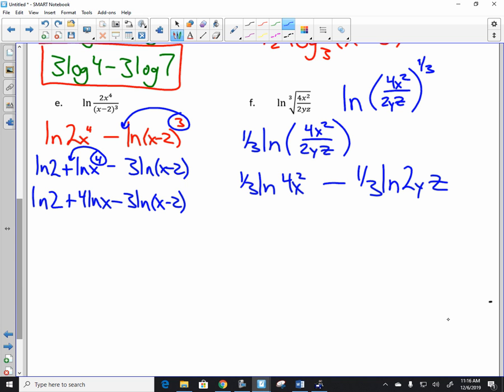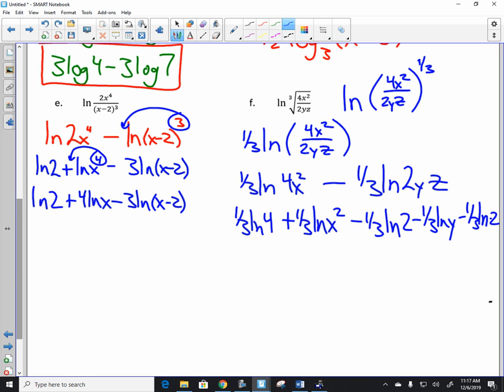Do I move the 2 out front, or do I separate the 4 and the x squared? So 1/3 natural log of 4 plus 1/3 natural log of x squared. I've got to separate these, don't I? Minus 1/3 natural log of 2 minus 1/3 natural log of y minus 1/3 natural log of z.